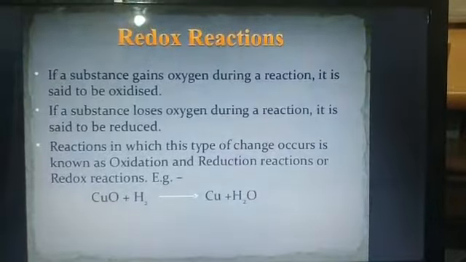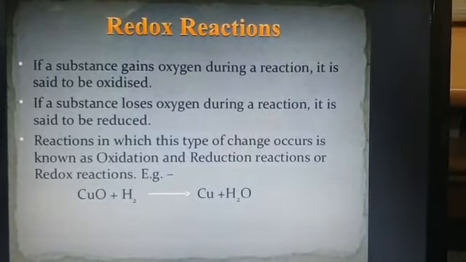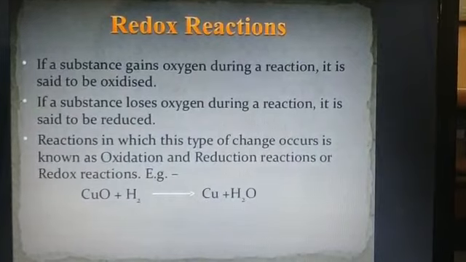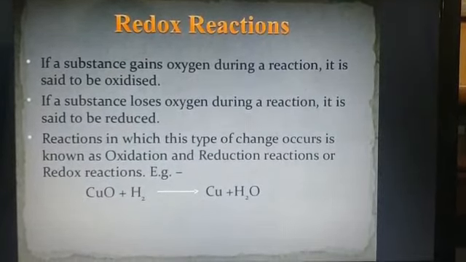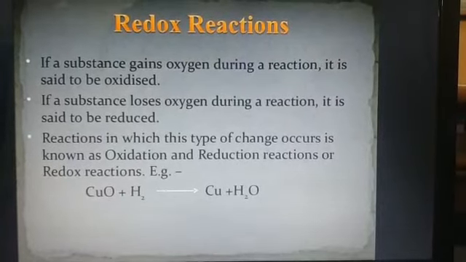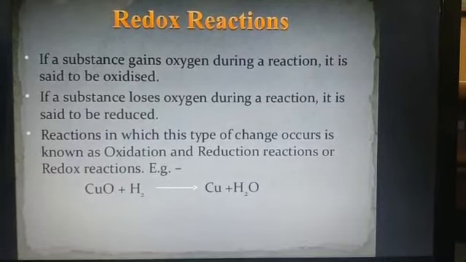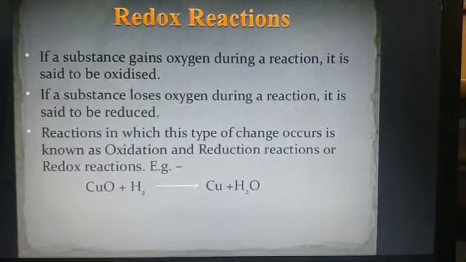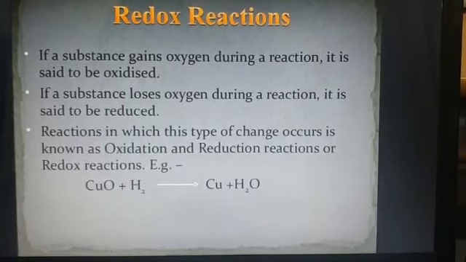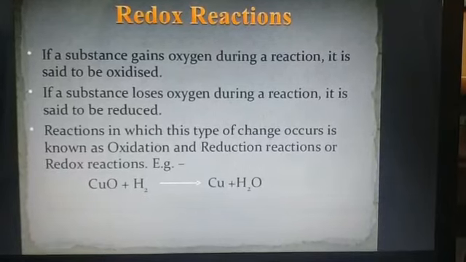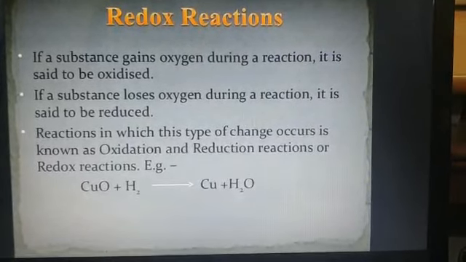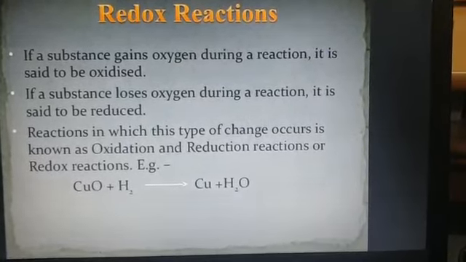The last type is redox reactions. Redox, as the name suggests, actually consists of a combination of two things. The red word comes from reduction and the ox word comes from oxidation. So these reactions are basically of two kinds, oxidation and reduction.